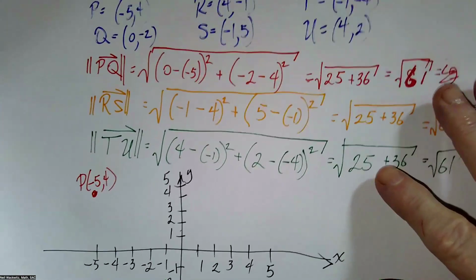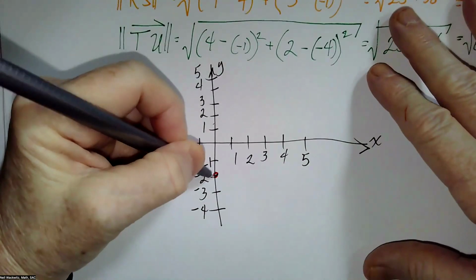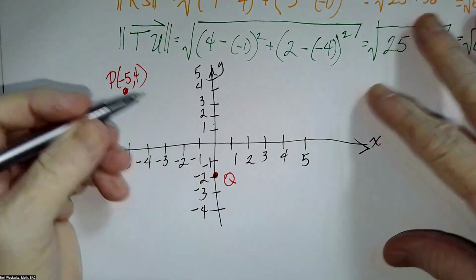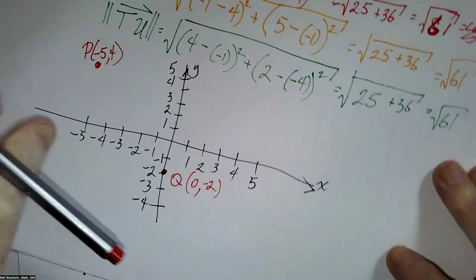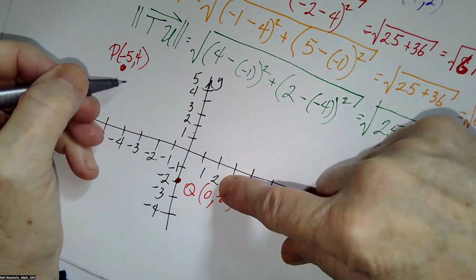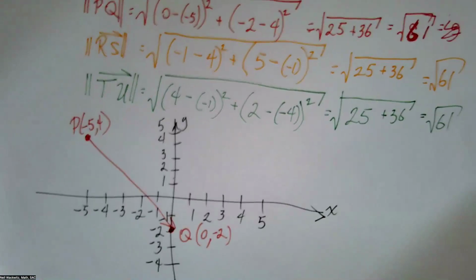And Q is 0, -2. So that PQ is that vector.